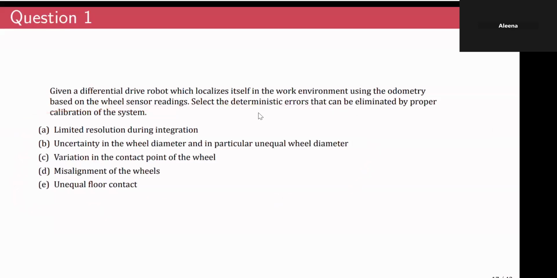Right, so I'll go through this one by one. Limited resolution during integration: we have seen this is a non-deterministic error, because, as we discussed earlier, it depends on the sampling rate of the sensor. We are integrating the sensor readings numerically, and you can only go so far with the sample rate.